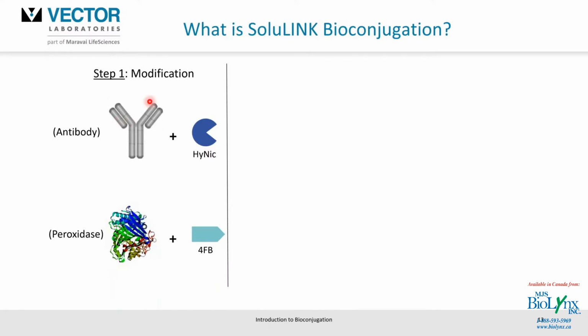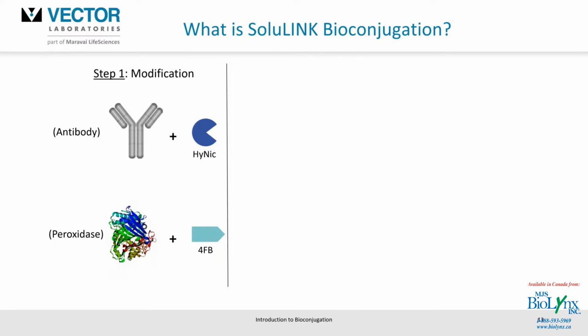Here's our antibody, and we're going to conjugate the enzyme horseradish peroxidase to it. For the Solulink conjugation, first you attach HyNic to the antibody, and in a separate step, you attach 4FB to the enzyme. So they're two separate steps, and you do those first.